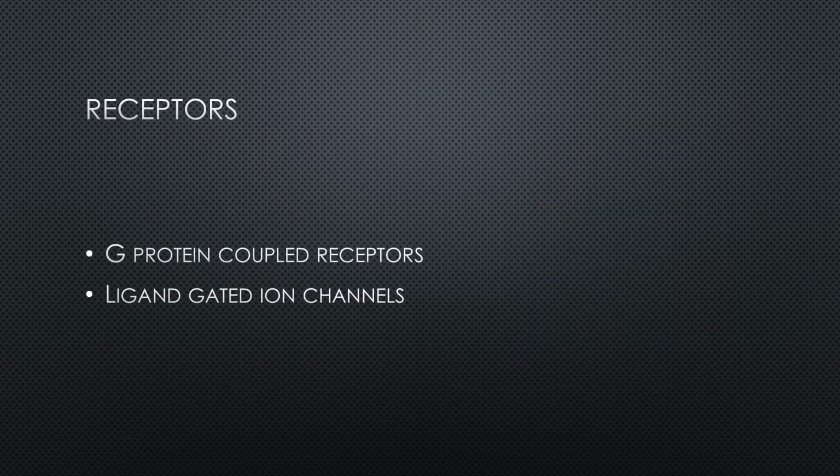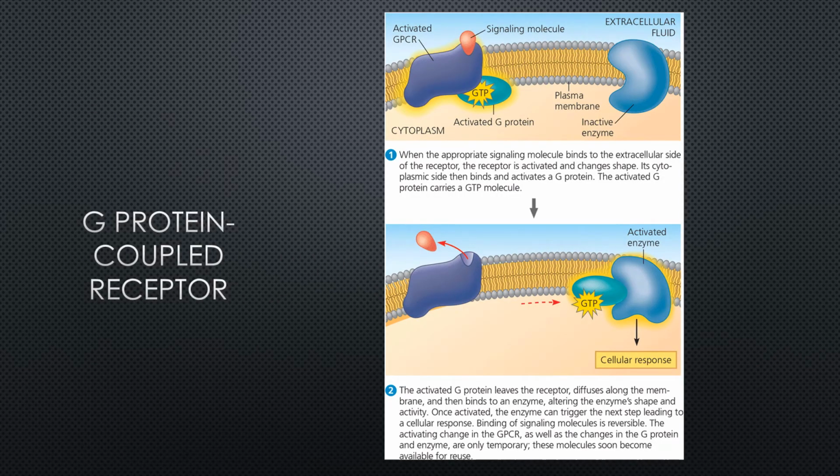Okay, so what about these receptor proteins? Typically, they come in two different varieties. The first is a G protein coupled receptor, and the second is a ligand-gated ion channel. So let's take a look at our G protein coupled receptor. This receptor is going to have a specific binding site for the ligand, or our signaling molecule.